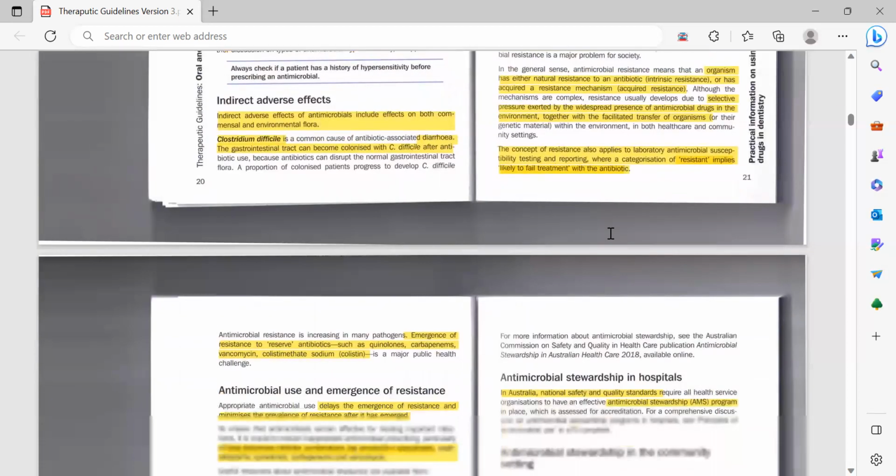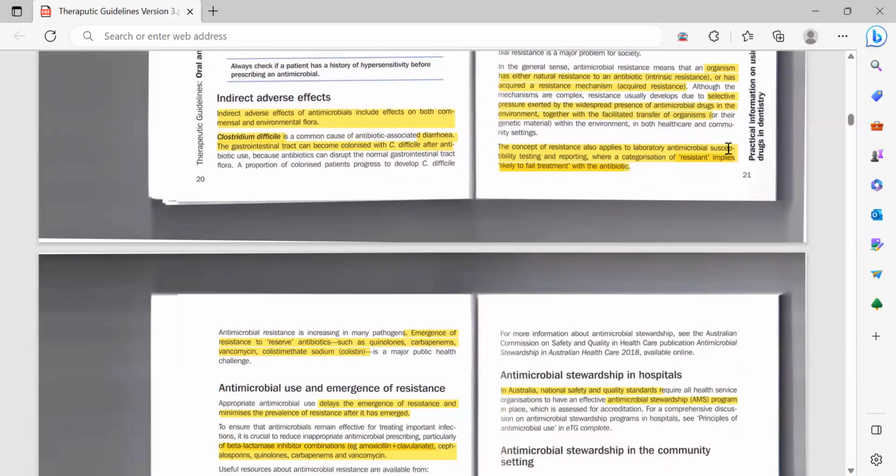The concept of resistance also applies to laboratory antimicrobial susceptibility testing and reporting, where a categorization of resistance implies likely to fail treatment with the antibiotic.